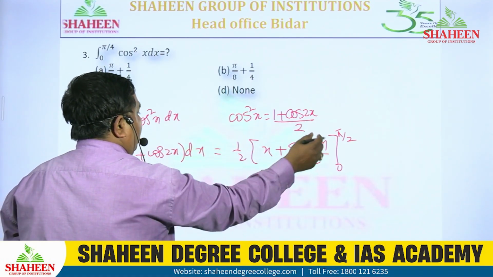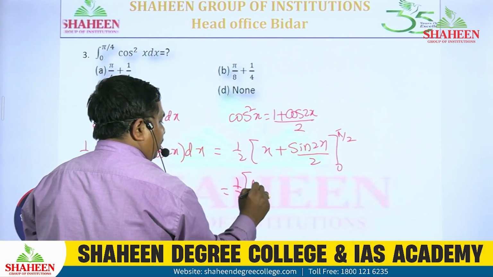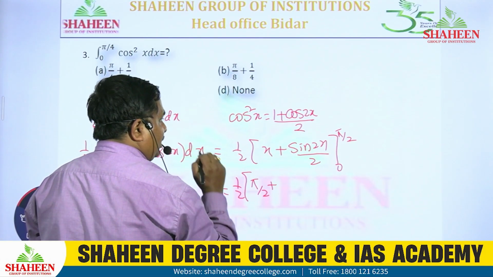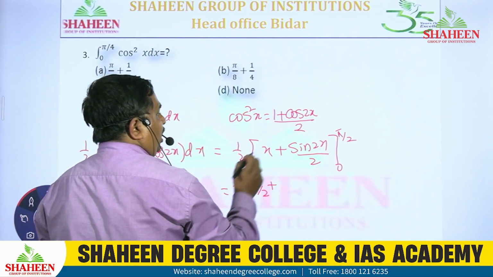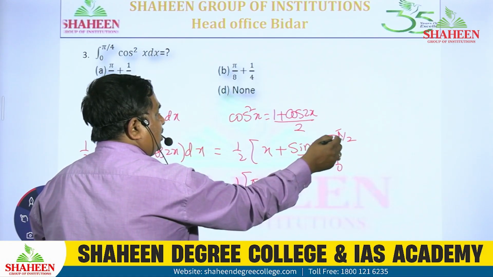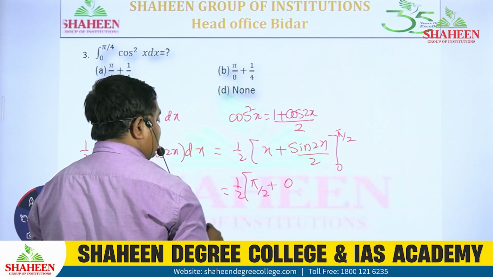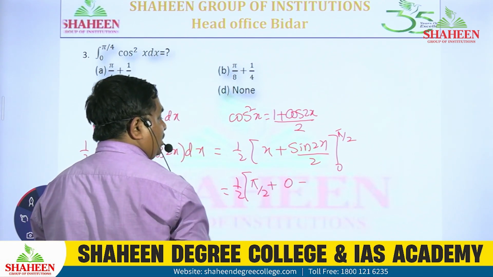Let us substitute the upper value, 1 by 2 outside as it is. Taking x as pi by 4, that becomes pi by 4 plus sin of 2 into pi by 4, which is sin pi by 2, that is 1. This is the upper value minus the lower value.